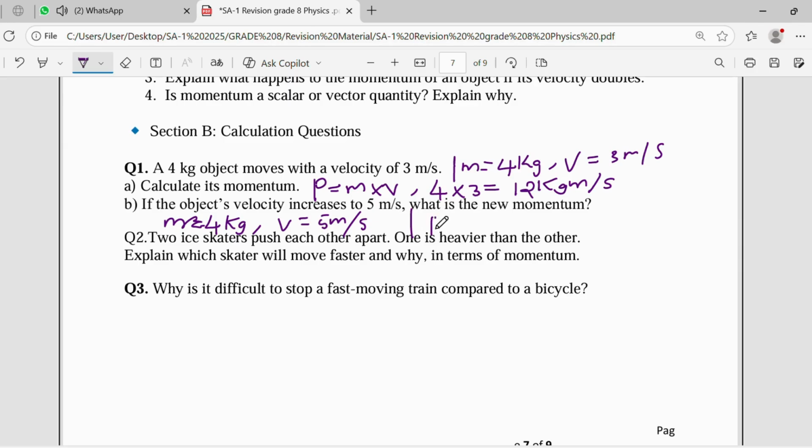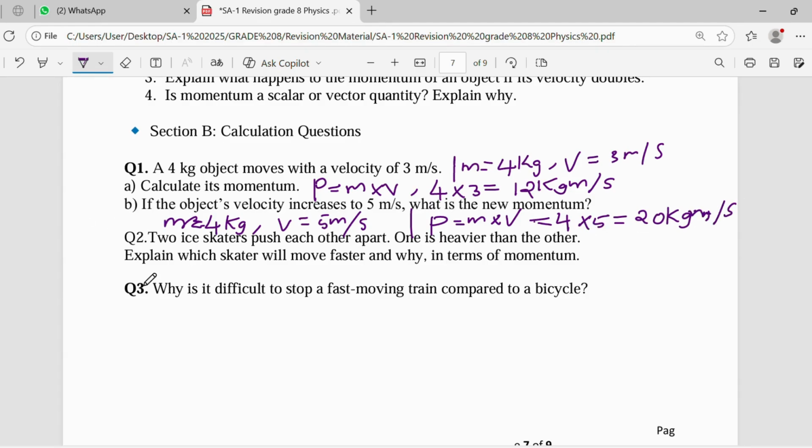So momentum P equals mass times velocity, which equals 4 times 5 equals 20 kilogram meter per second.